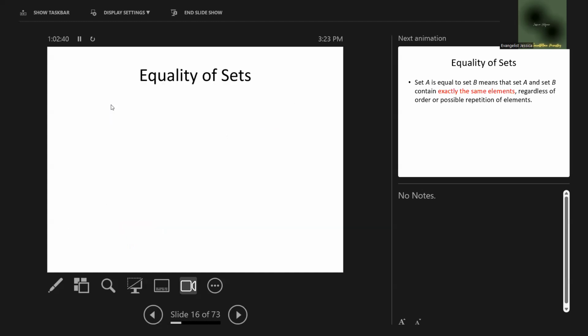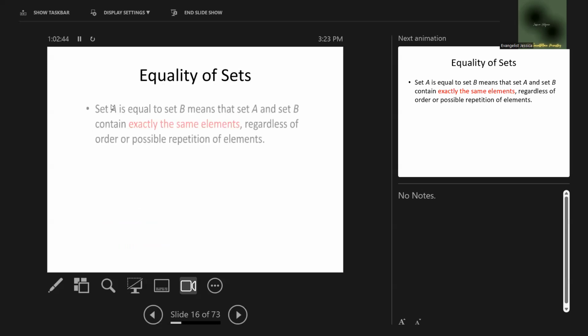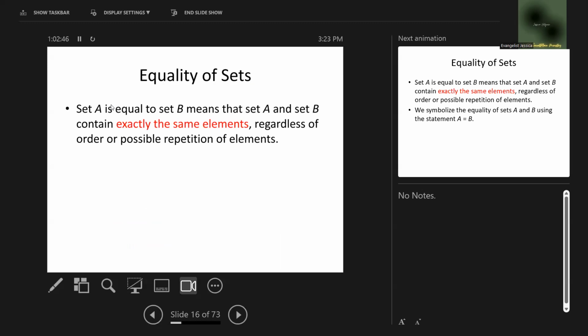Now, we talk about equality and inequality of sets. Set A is equal to set B means that set A and set B contain exactly the same members, the same elements, regardless of the order of their position or repetition.